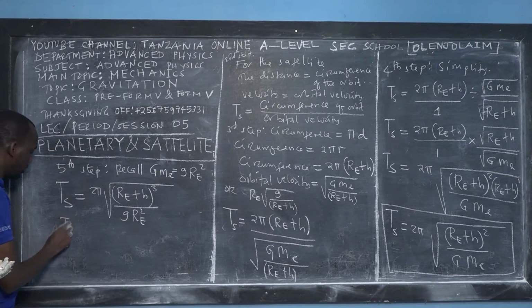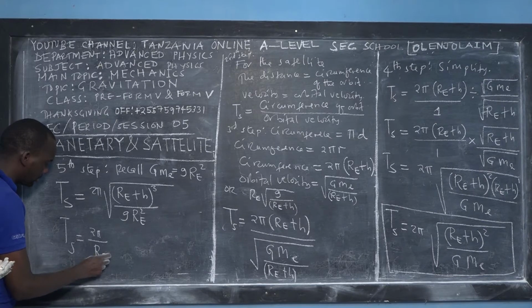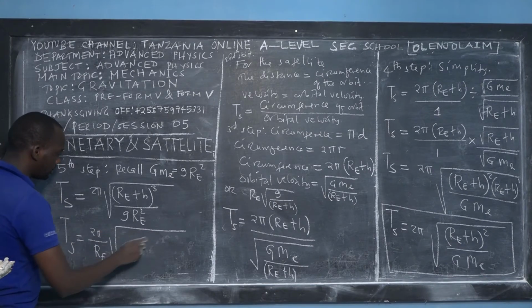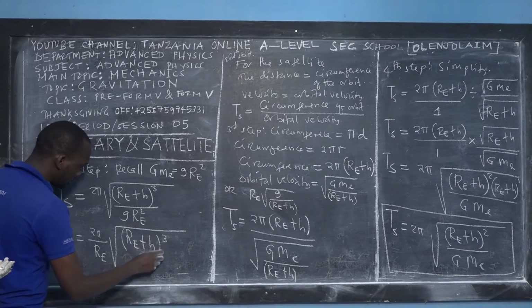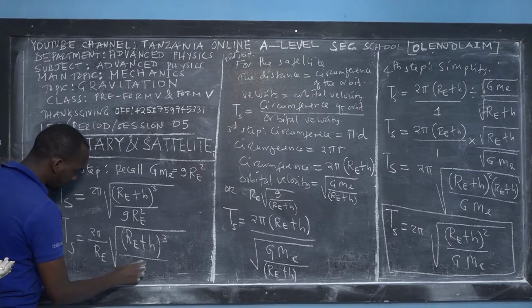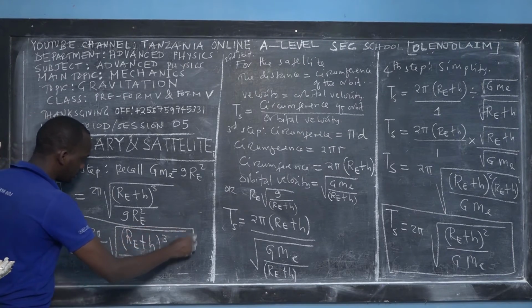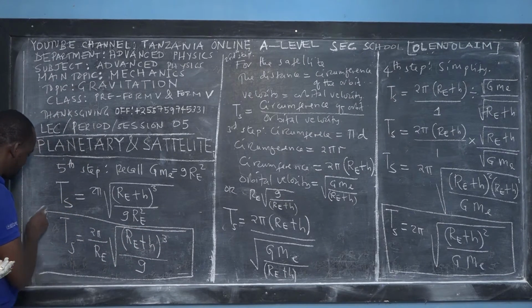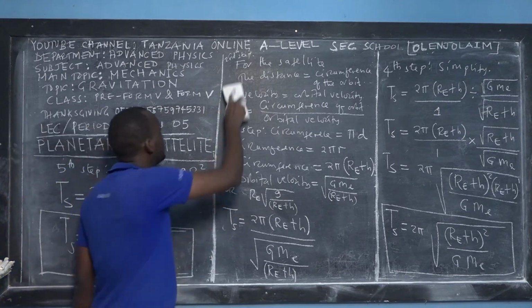So if we simplify, the period of the satellite is equal to 2 pi over the radius of the Earth, times the square root of the radius of the Earth plus the height, cubed, divided by acceleration due to gravity. So this is the constant.